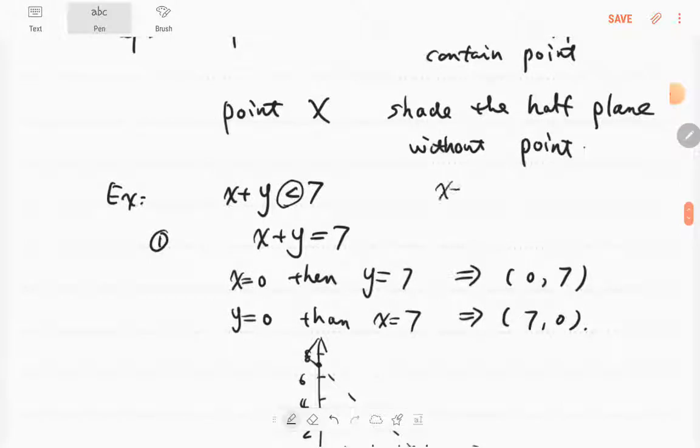But sometimes we have one like this, where we also have the equal sign, less than or equal to 7, which means it's possible to get this one. So all the points on this boundary are also our solution. So we should include all the points on this line.